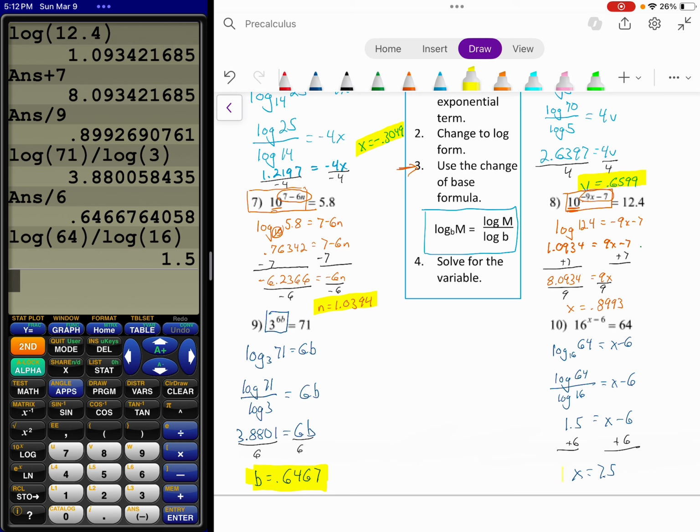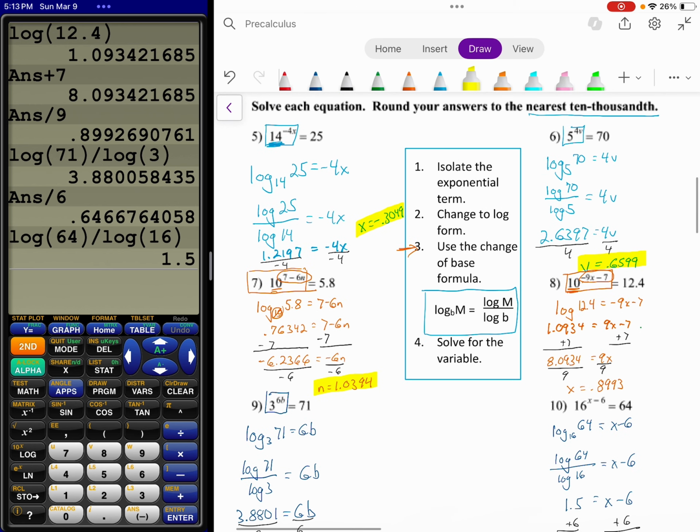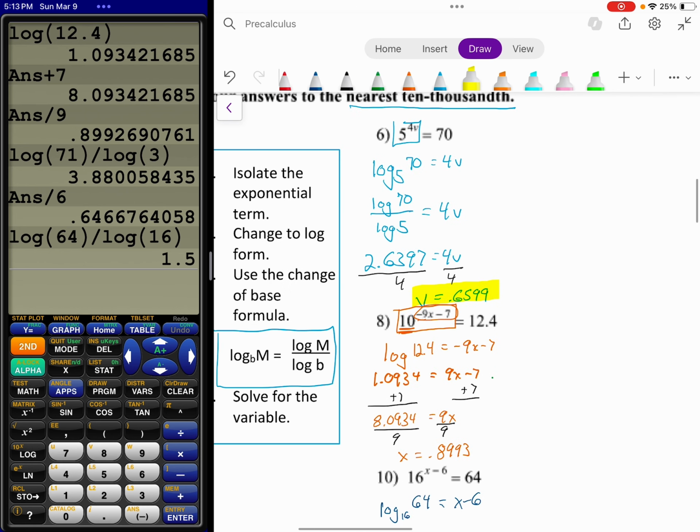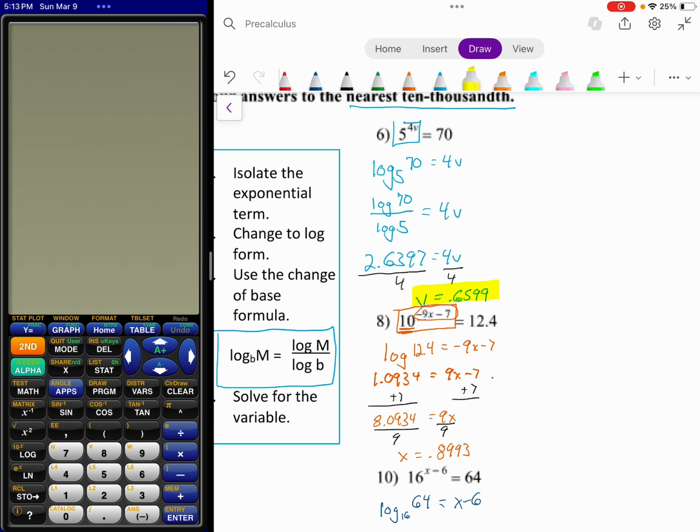Now, I know we're at the end. We went through all the questions. There's the answers. I just want to show you something. We got values for a variable, so I'm just going to come all the way back to number 6. And we can actually check our answer. So for number 6, I'm going to clear the calculator. I want to put this back in for v.